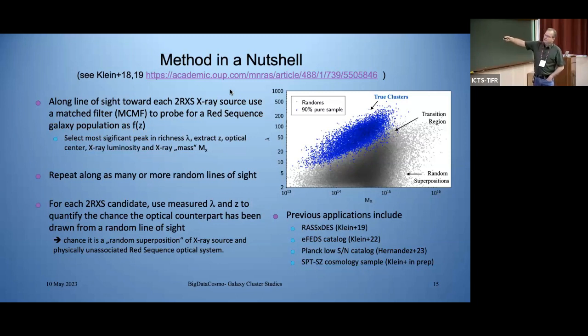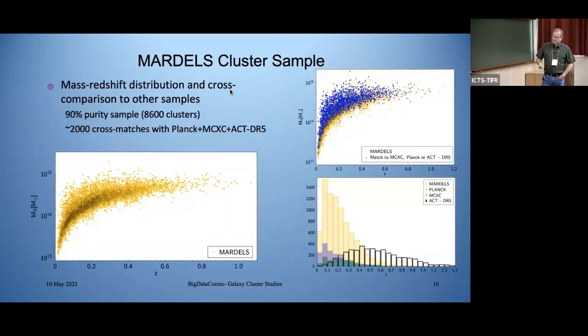And we can't say for any given cluster here 100% whether it's a cluster or not a cluster, but we can say statistically very accurately what the fraction of false systems is. And here, just as an argument that we've done this before, we've used this for the EFEDS catalog. I just showed you that analysis. We're using it for the SPT-SZ cosmology sample. We've done some Planck studies.